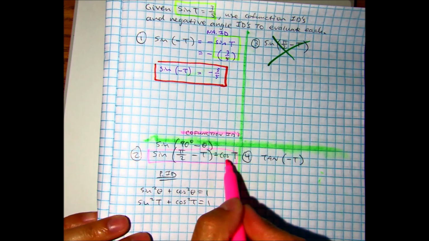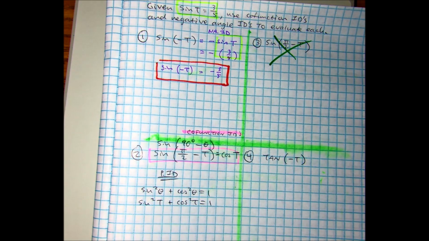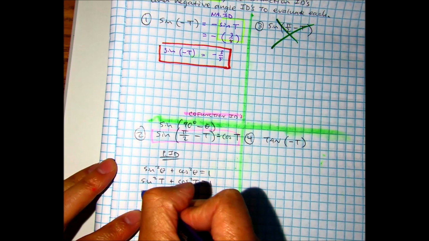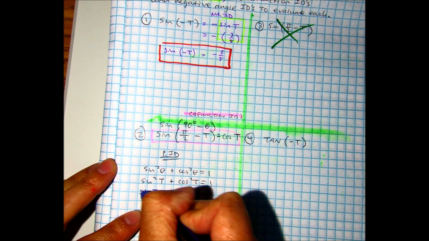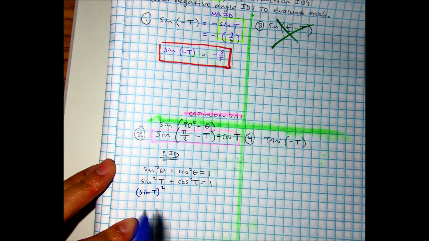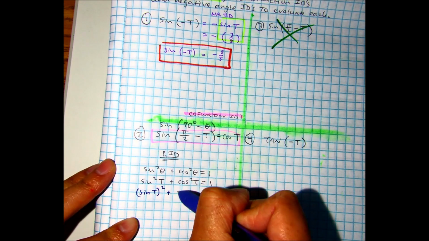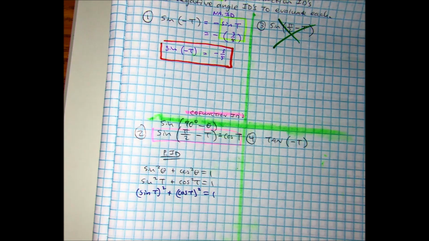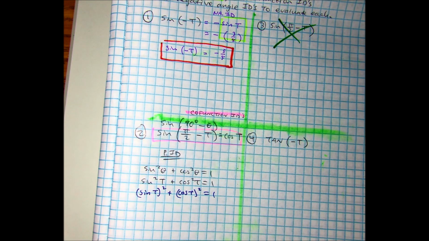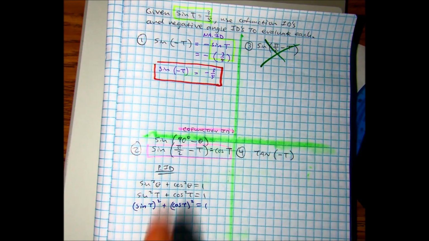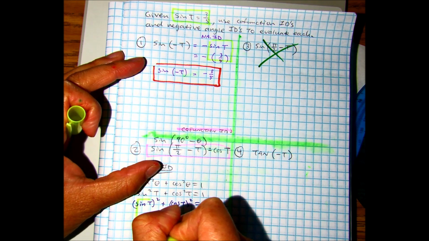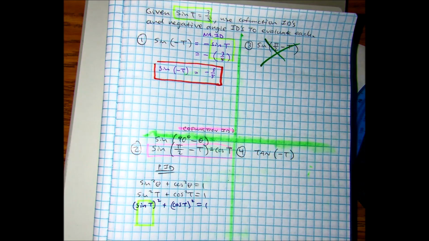We're trying to find cosine, right? We have sine. So remember, sine t squared, these are synonymous. This is more algebra friendly. Class, what do we know about sine? 3/5. Okay. I'm going to pause here.